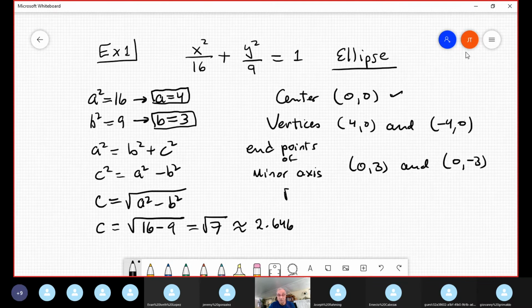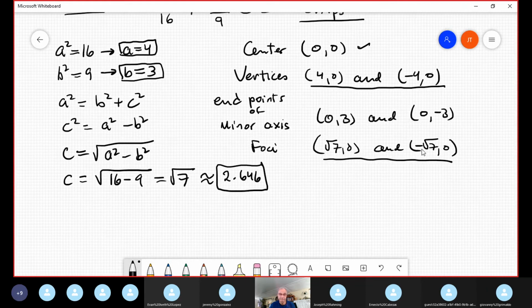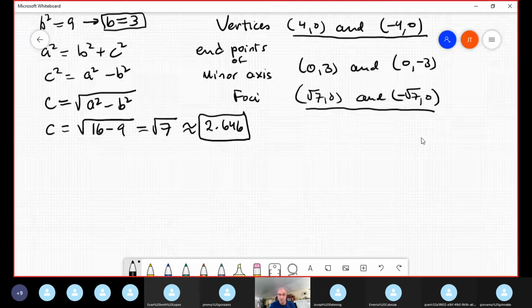And the foci are located at the points radical 7,0 and negative radical 7,0. If you want to substitute radical 7 with the decimal approximation, it's the same. How do you know that it's like that, exactly like this, and not like that? Because I know that the foci lie on the major axis. Okay, so one, a rough approximation.